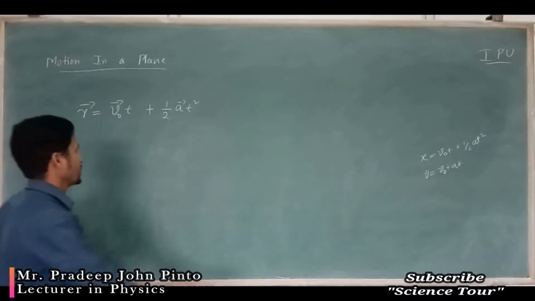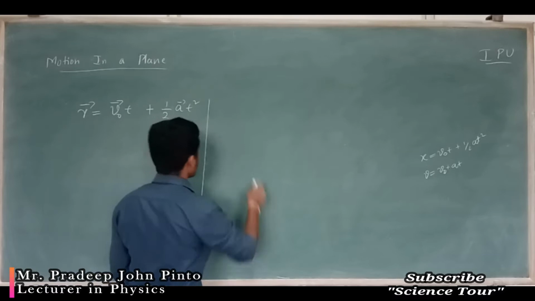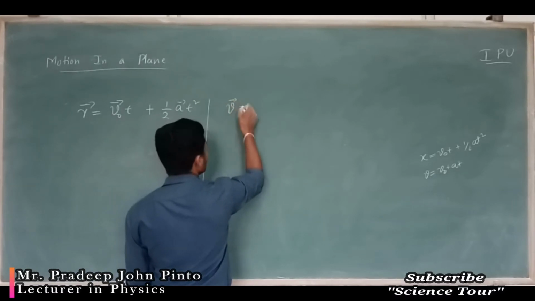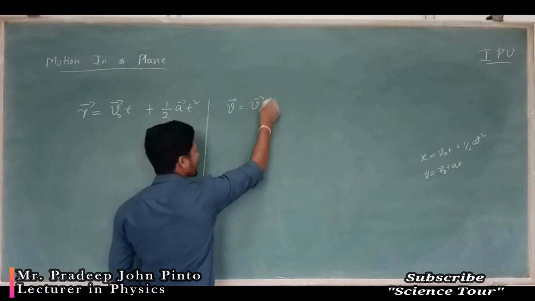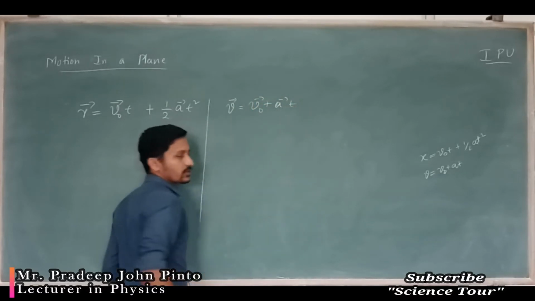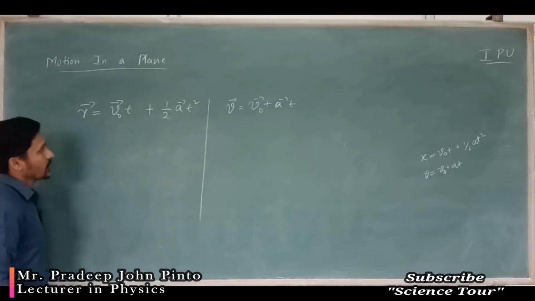Then for constant acceleration, v vector is equal to v naught vector plus a vector into t.